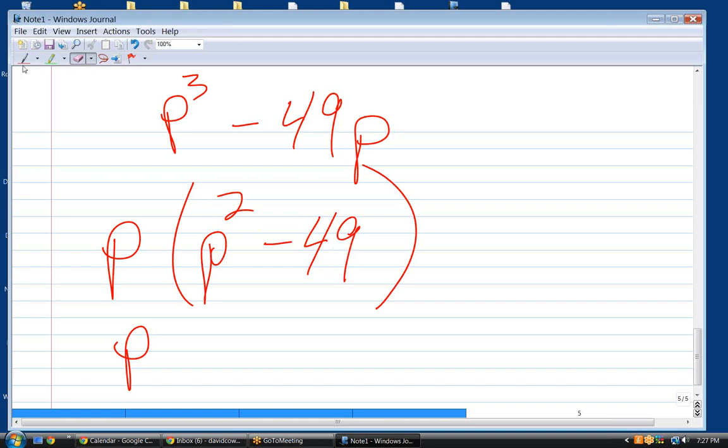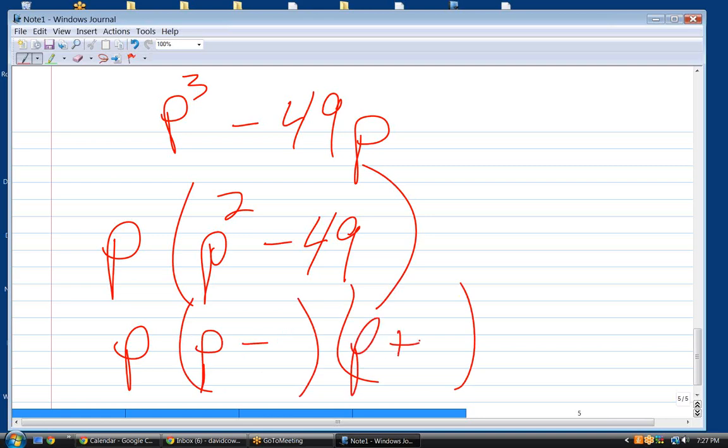Okay. So it's difference of perfect squares, and how does that factor? It's going to be p and p, and then it's going to be a minus and plus, and then let's see here, 49 squared, right? No, the square root of 49 is what you want. That's 7.